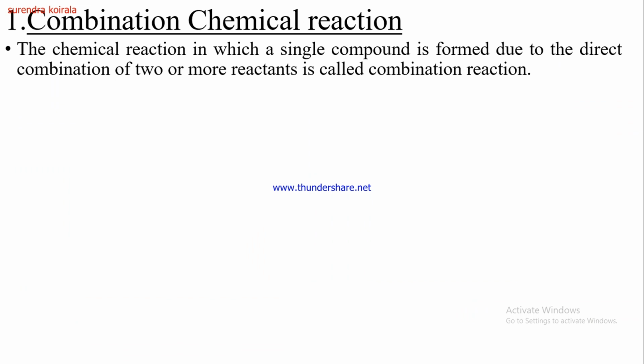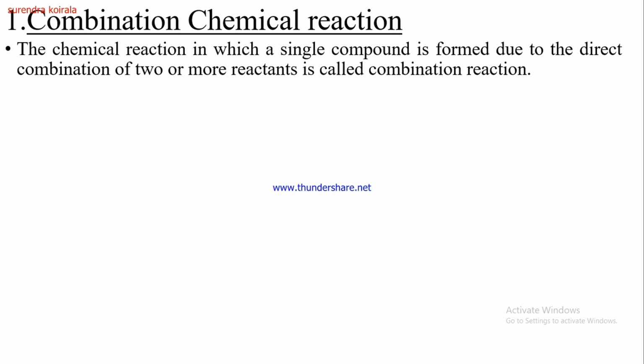First one, combination chemical reactions. Combination chemical reactions are the first type of chemical reactions in which a single compound is formed due to the direct combination of two or more reactants.